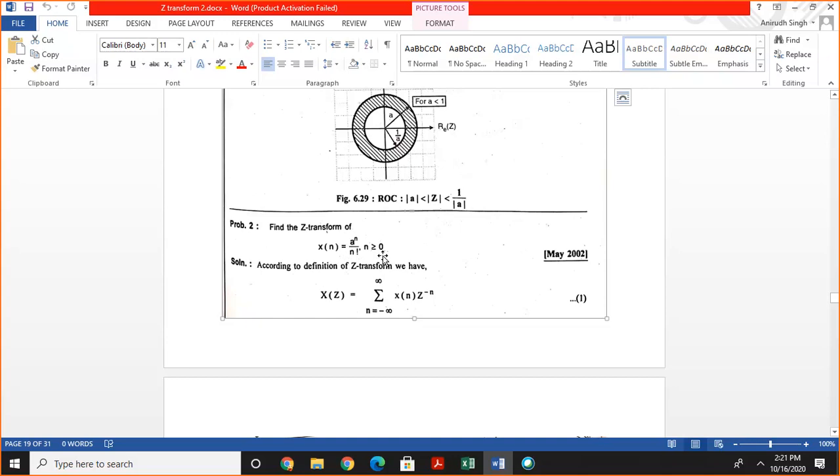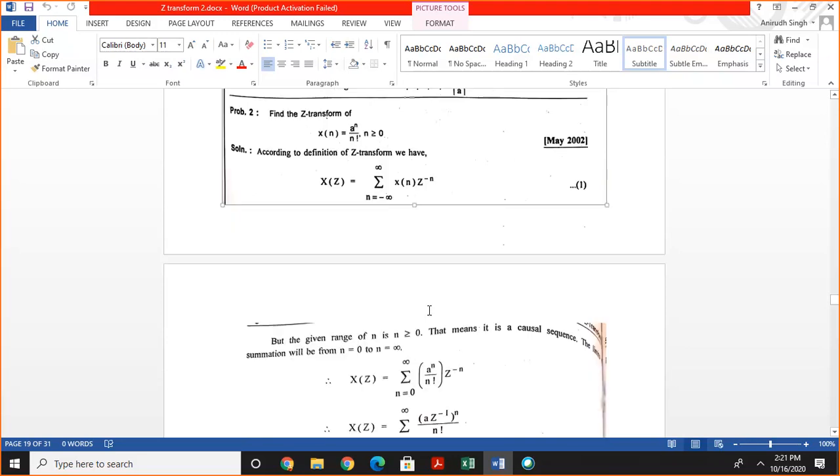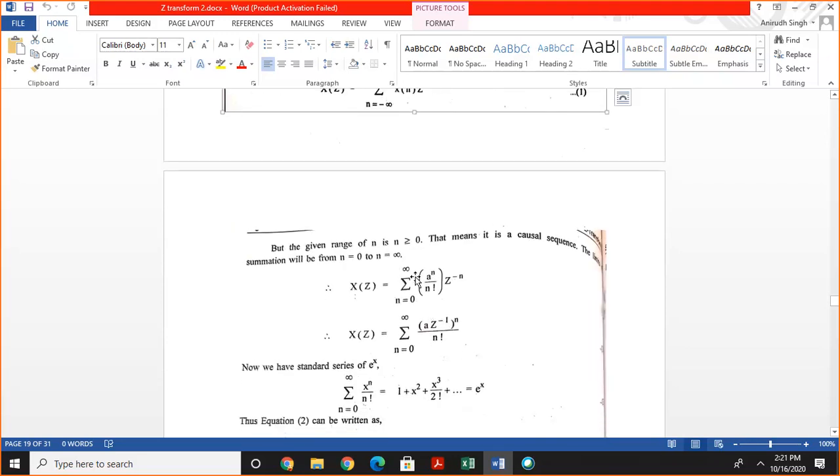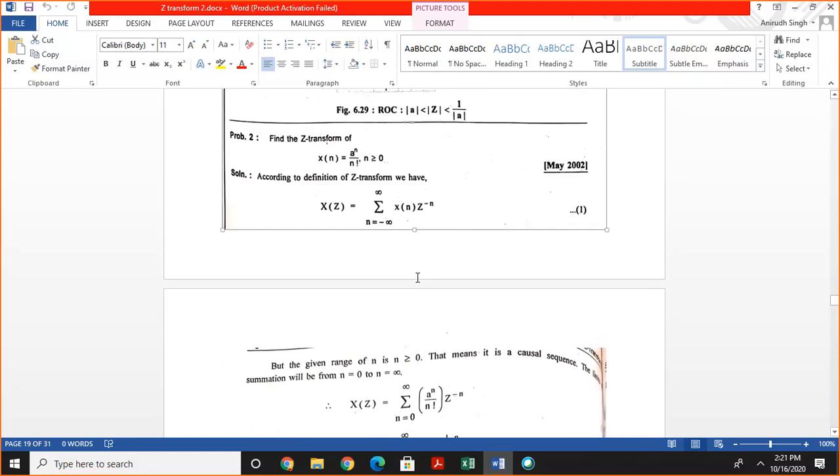Similarly, the next question is to find the z transform of x(n), where x(n) is given by a raised to the power n divided by n factorial, and n is greater than or equal to 0. According to the definition, the z transform is given by this expression.